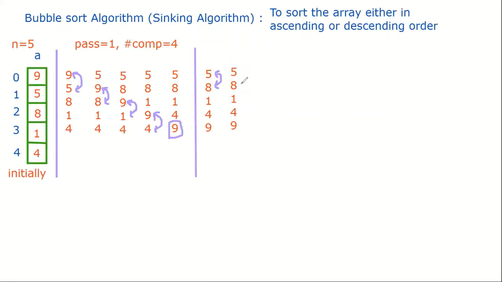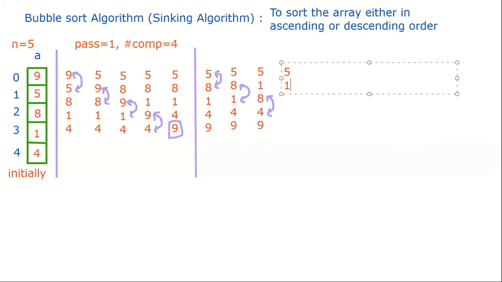In pass 2, the next comparison happens between elements 8 and 1. It's evident that 8 is the largest, hence the values have to be swapped. So 5, 1, 8, 4 and 9. Next comparison happens between the elements 8 and 4 in the given array, and it is evident that the elements have to be swapped.